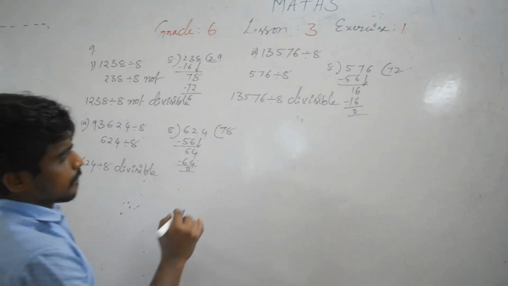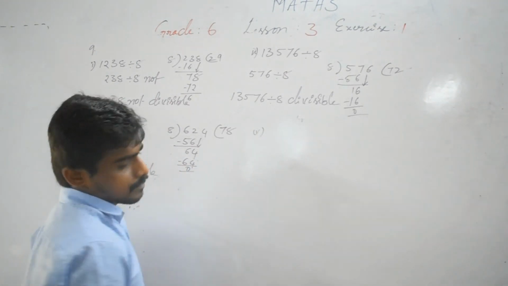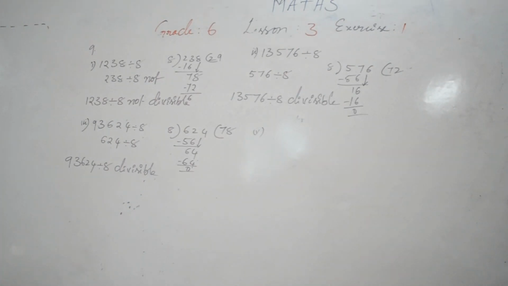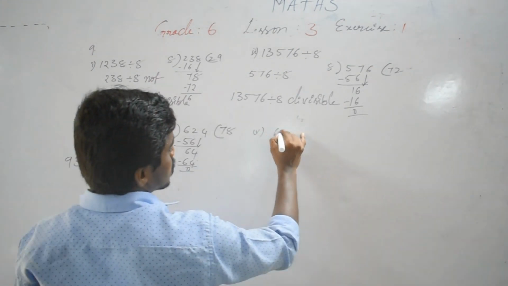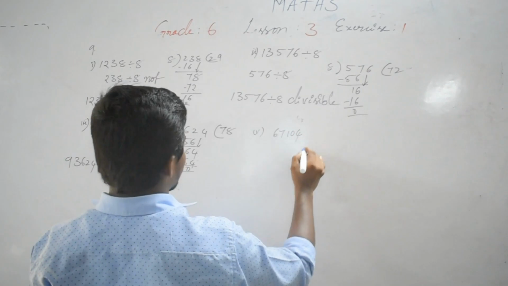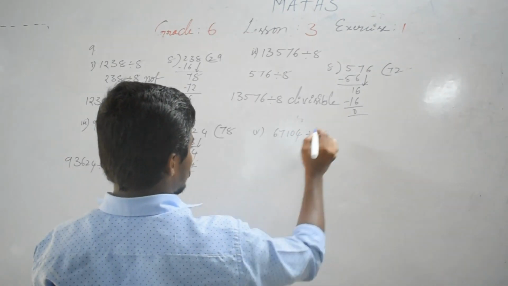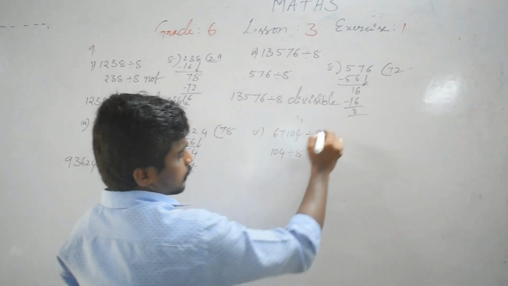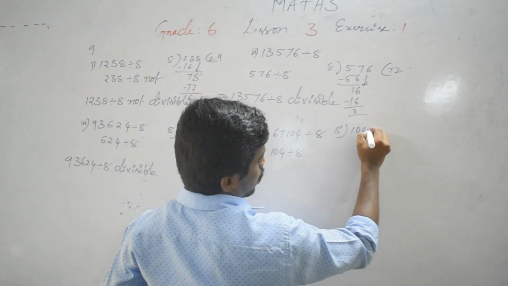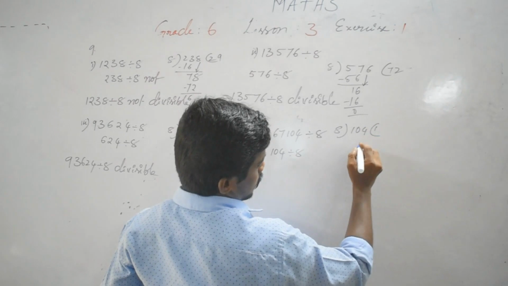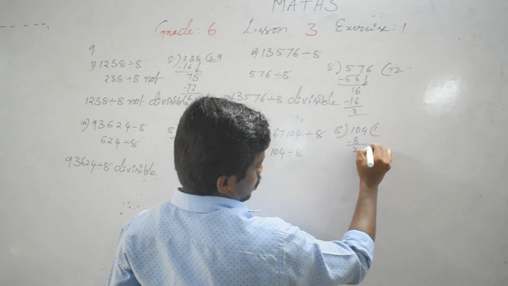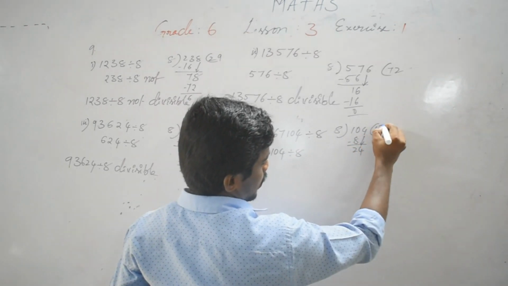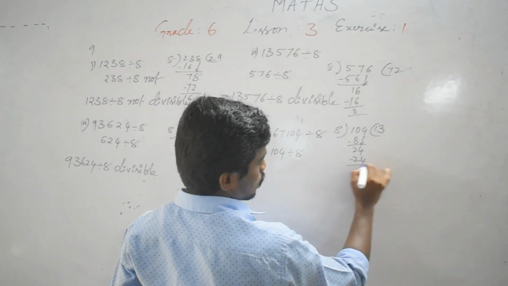Next one, 67,104 divided by 8. 104 divided by 8, just check. 8 ones are 8, so here 2, here 4. 8 thirteens are 104.